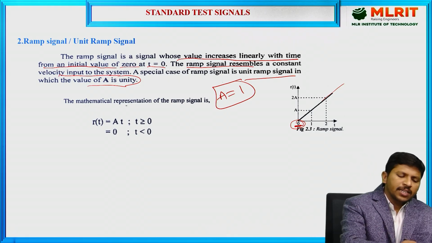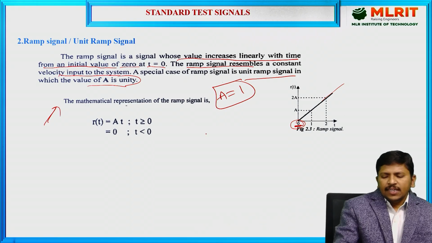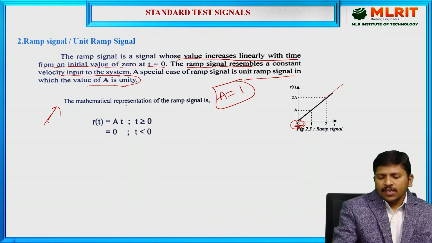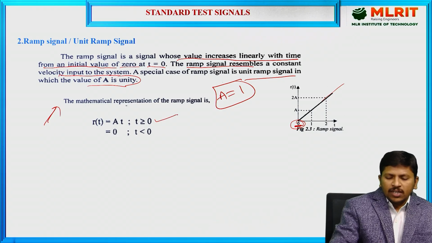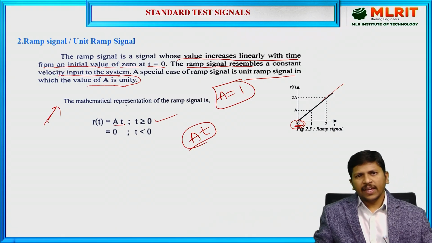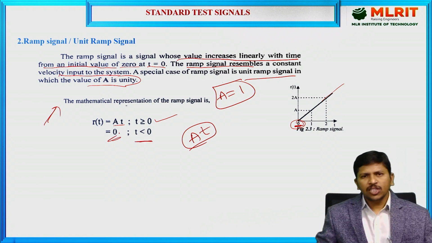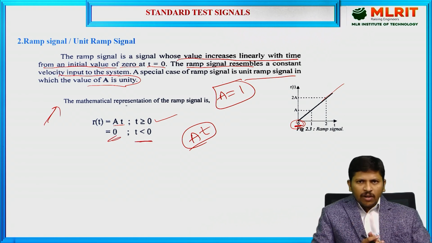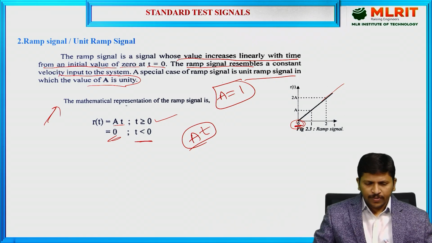Coming to the mathematical representation of the ramp signal: when t is greater than or equal to 0, that is 0, 1, 2, 3, and so on, the input of the ramp signal is A t. If t is less than 0, it is 0 only.